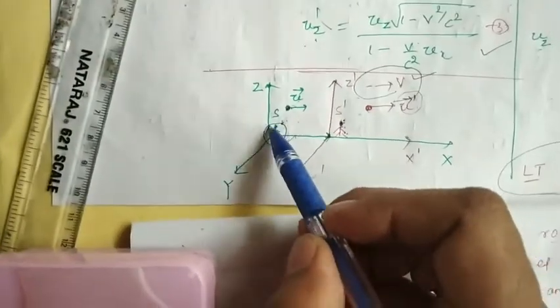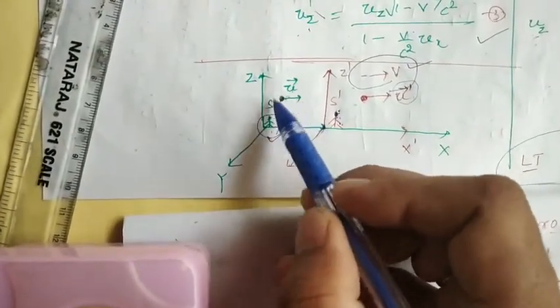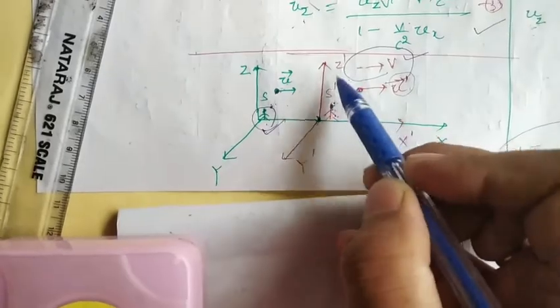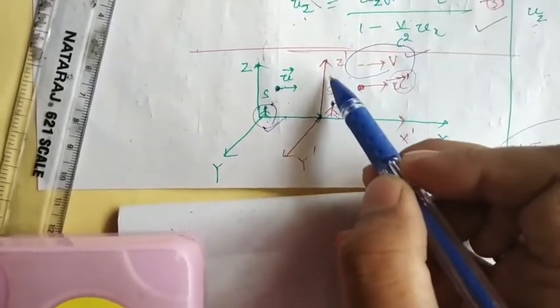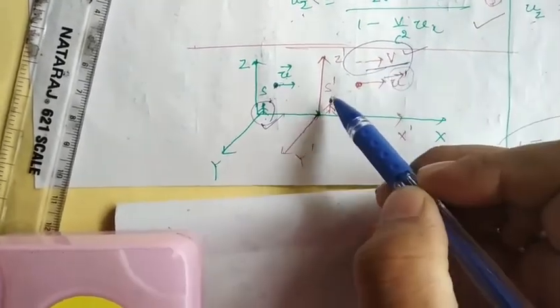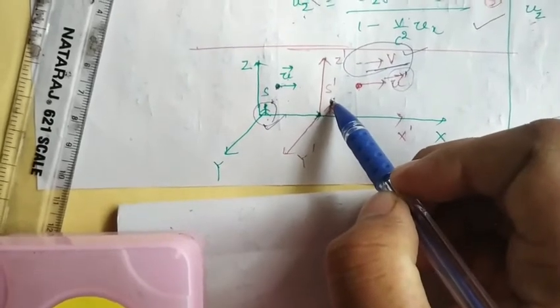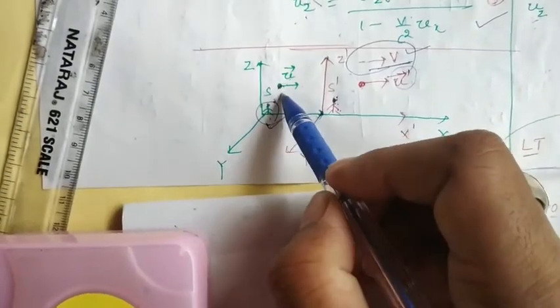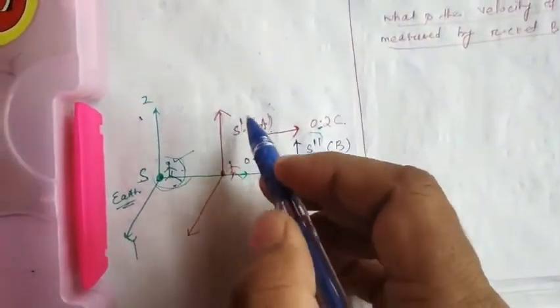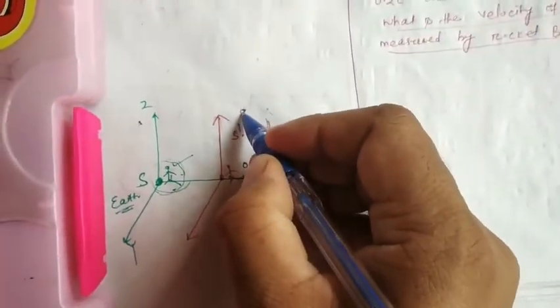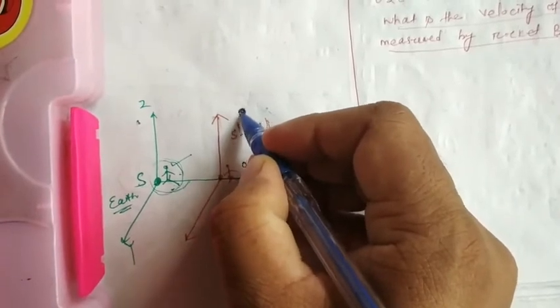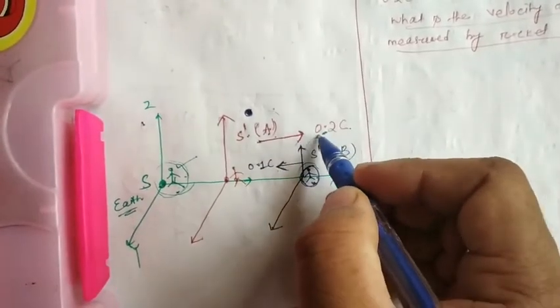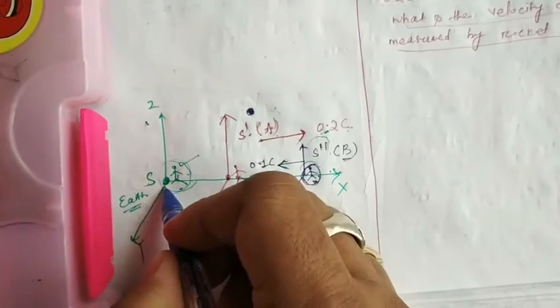This is your S frame, this is your particle which is moving with velocity v, another frame of reference S dash which is moving with velocity v, and from this S dash frame we have to calculate what will be the velocity of this particle. So here this S dash frame is considered as the particle, which is moving with velocity 0.2 c with respect to earth.